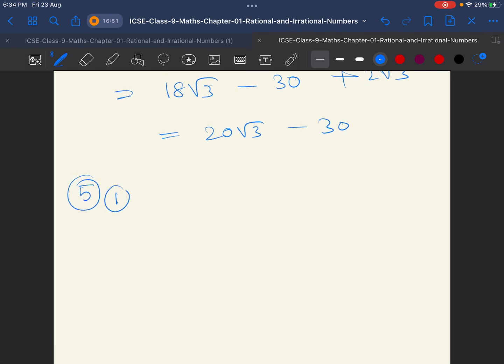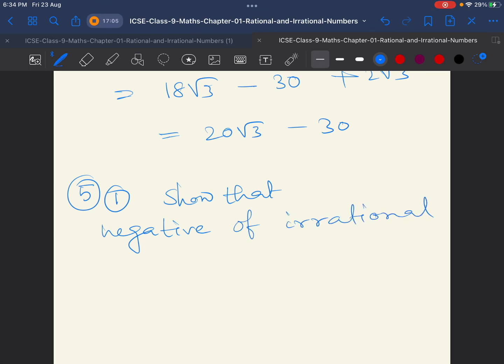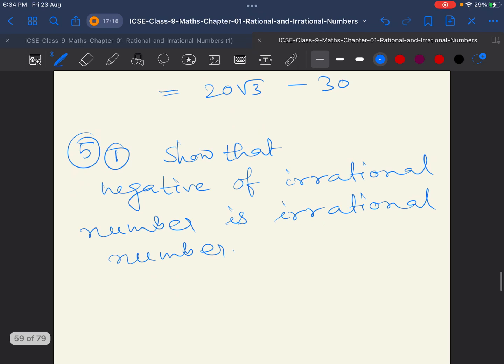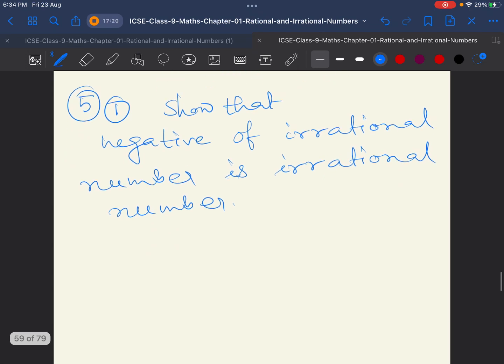Now question number 5, so that the negative of an irrational number is an irrational number.